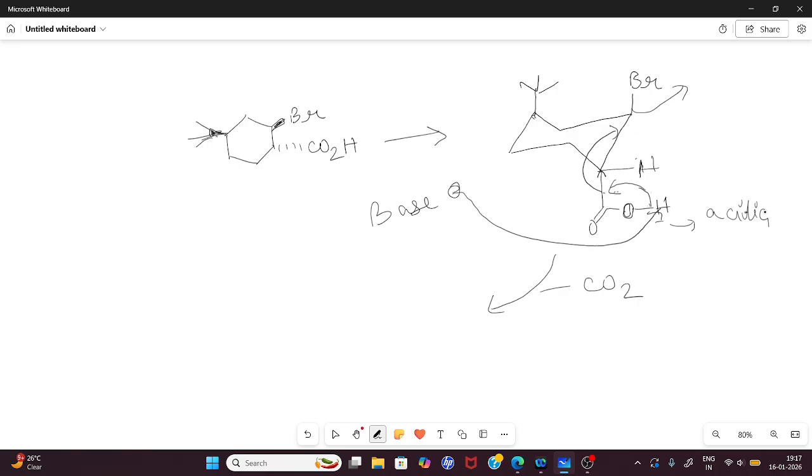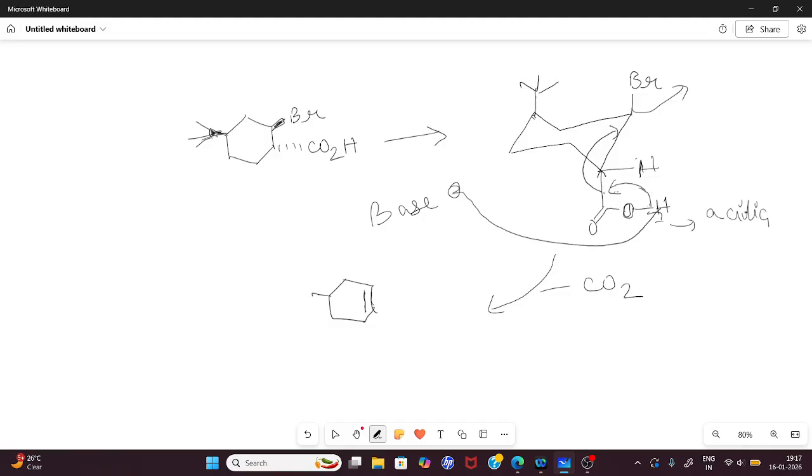So typically it's a base catalyzed decarboxylation reaction that's taking place here. The product that you get is the final product. The final product looks something like this, because both the carboxylic acid and the bromine have been knocked out.